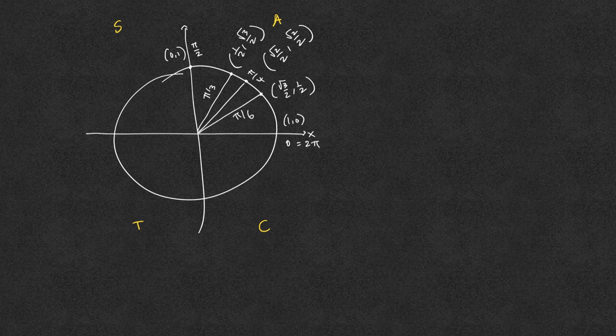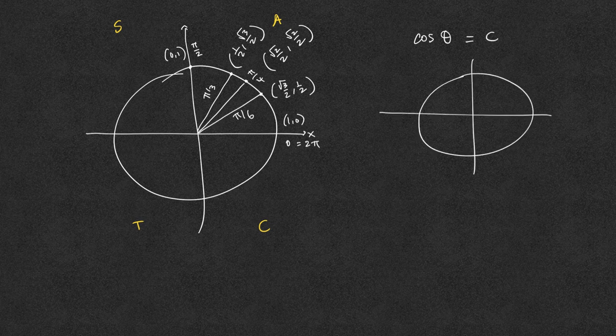And in the fourth quadrant, only cosine and its reciprocal are positive.